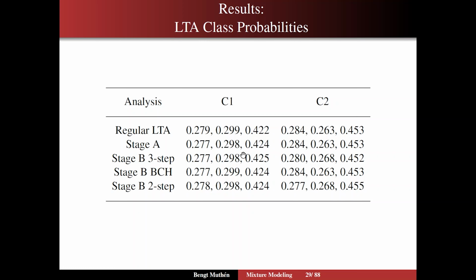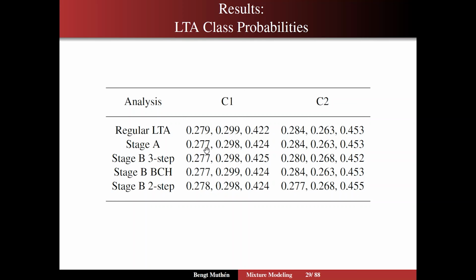What we really want to focus on, though, is the difference between the stage A class probabilities that are obtained from what we call the measurement model, and the three multi-step methods in stage B that add covariates and distal outcomes.